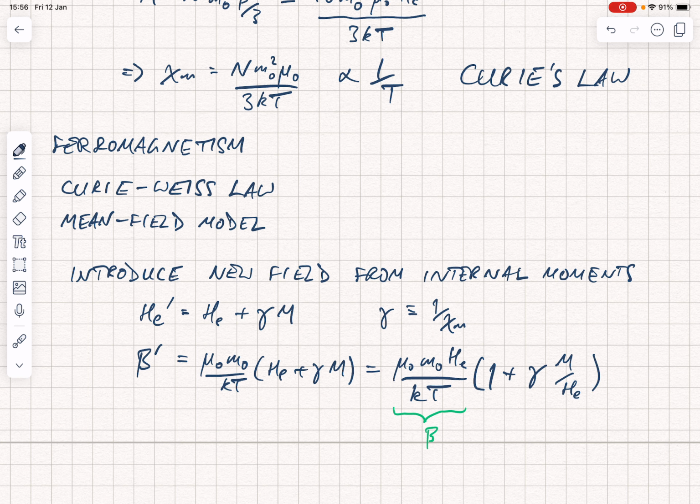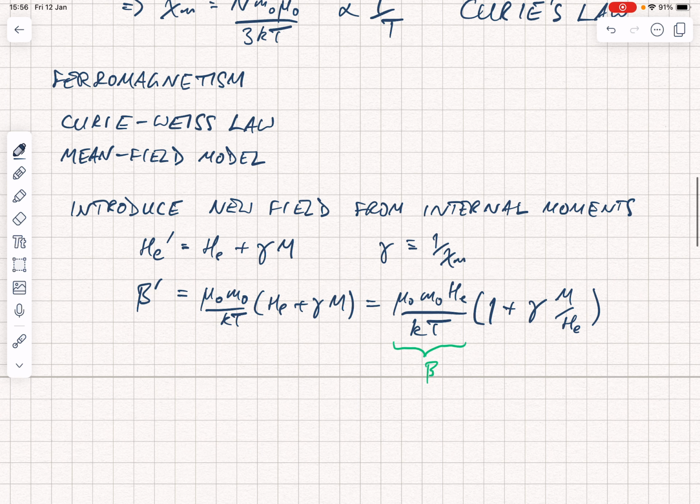Okay, so what that's doing is it's showing that introducing this kind of internal boosting field, called the Weiss molecular field, simply enhances beta. So it enhances the field and therefore changes beta.